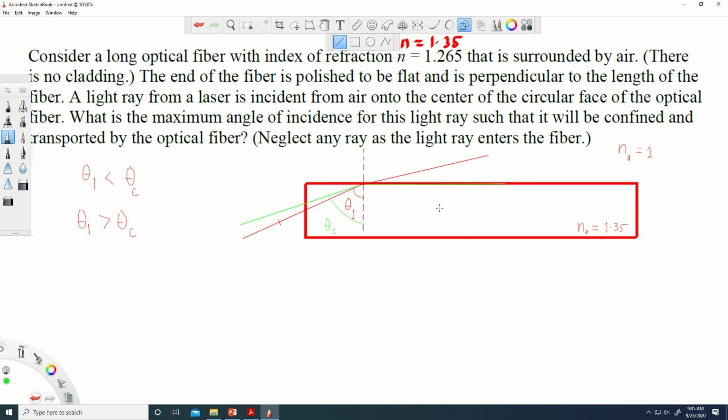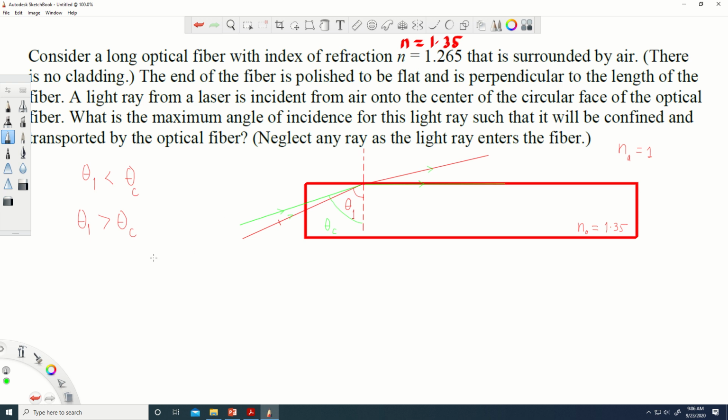And again, I need to draw an arrow to show the path of the light. So it's going from glass to air. We want to find the critical angle, and then total internal reflection will occur for any angle that is greater than the critical angle. So the minimum angle at which total internal reflection occurs is slightly greater than the critical angle.